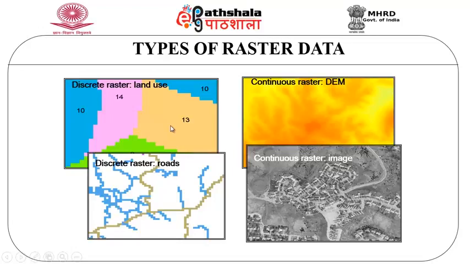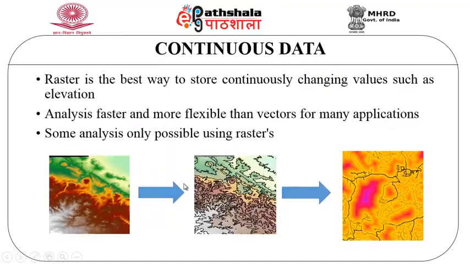There are various types of raster data. This is a discrete raster. This is a continuous raster data type. If you look at the continuous raster data image, it looks like this. And if you look at the discrete raster data, we can see the roads are being represented as lines.